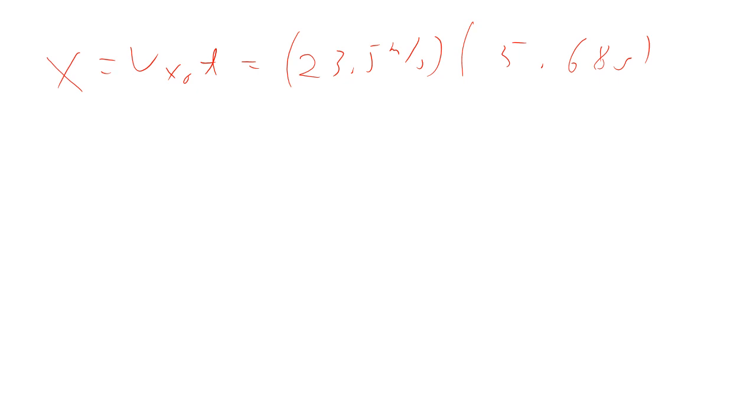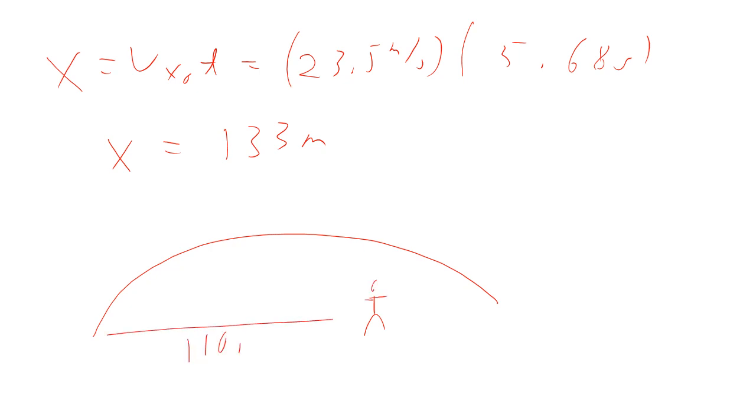So that means that x, which is vx naught t, is going to be equal to 23.5 meters per second times the 5.68 seconds. So x turns out to be 133 meters. Now, the fielder was originally standing a distance 110 meters away and has to go some distance d.